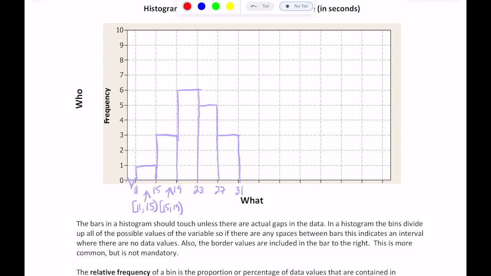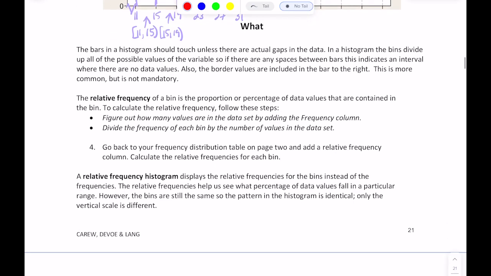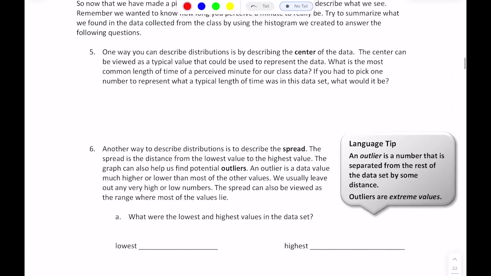And I know that because I had 18 data points, so half of 18 is 9. And if I count, I have 1 plus 3, which is 4, plus 6 is 10. So I'll automatically have 10 data points here. So the average is somewhere between 19 and 23, so you figure it's about 21 would be the average or the center here.